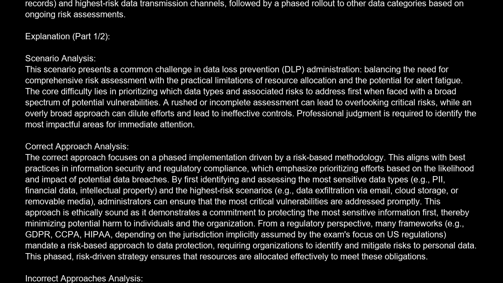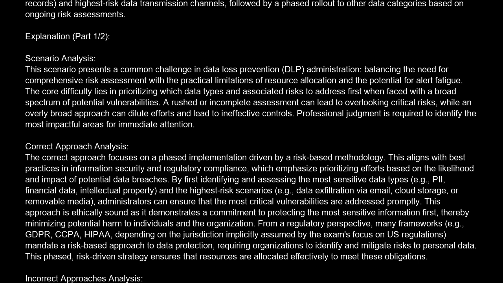By first identifying and assessing the most sensitive data types, e.g., PII, financial data, intellectual property, and the highest risk scenarios, e.g., data exfiltration via email, cloud storage, or removable media, administrators can ensure that the most critical vulnerabilities are addressed promptly. This approach is ethically sound as it demonstrates a commitment to protecting the most sensitive information first, thereby minimizing potential harm to individuals and the organization.